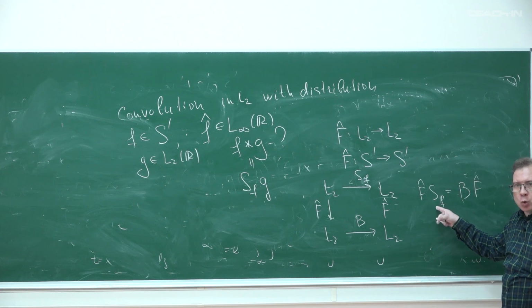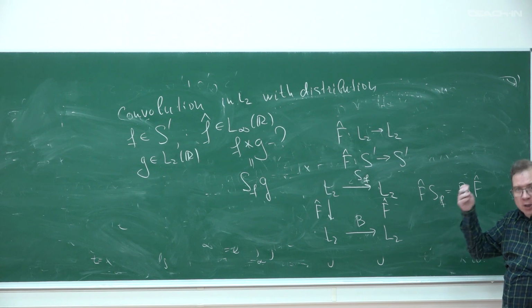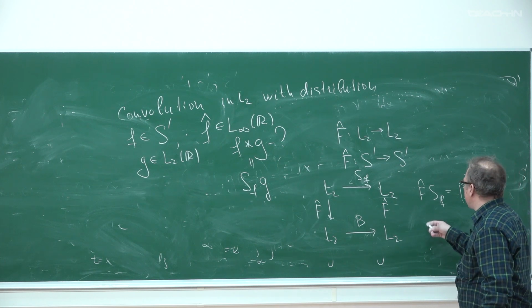But what does the Fourier transform do for good functions? It is a product, yes? So it is this.